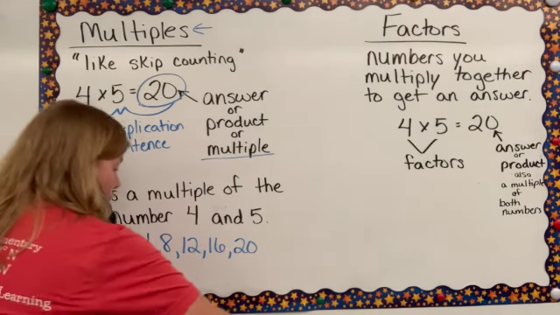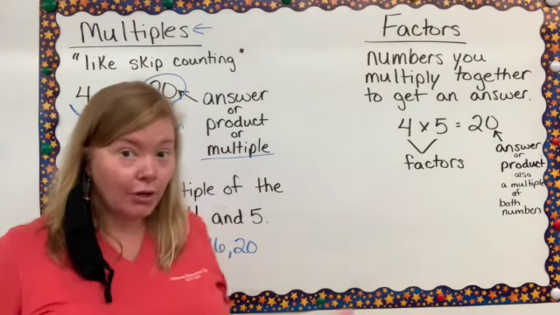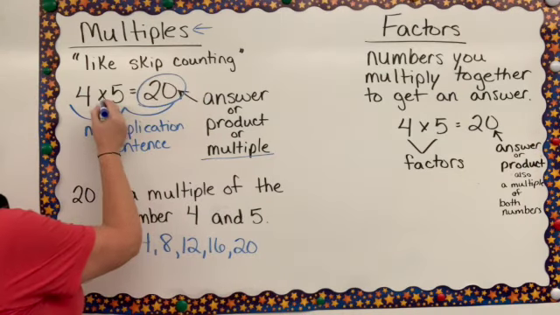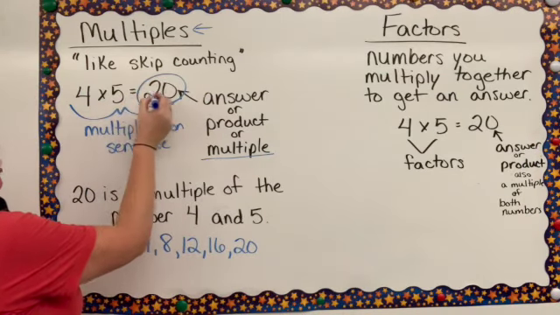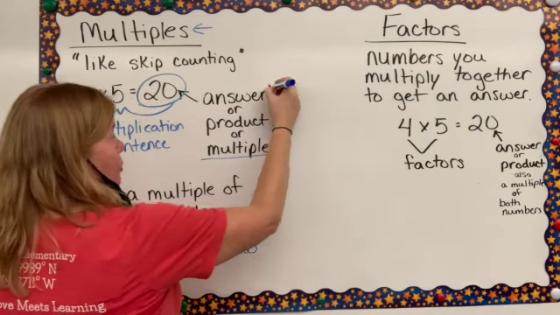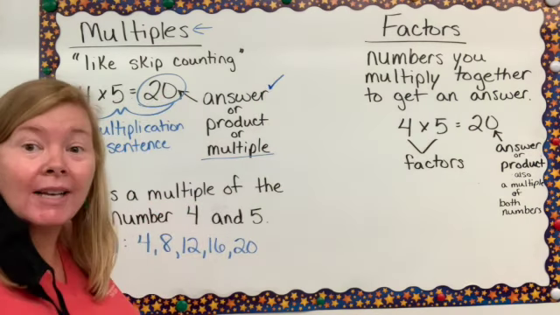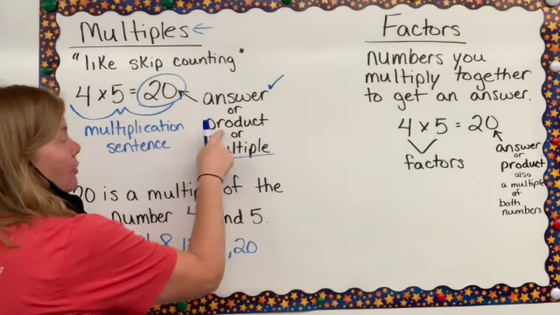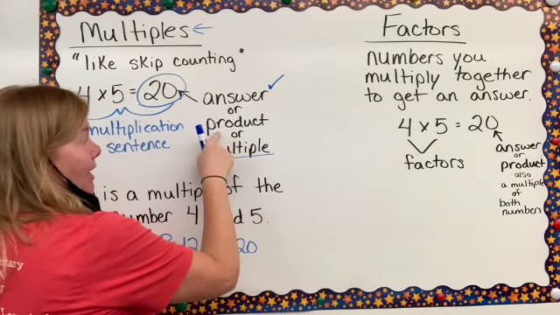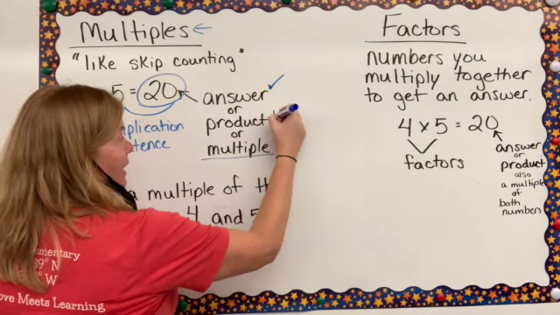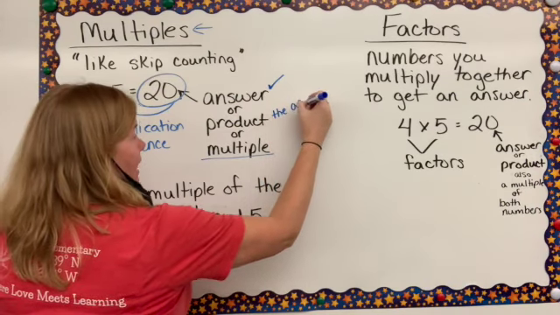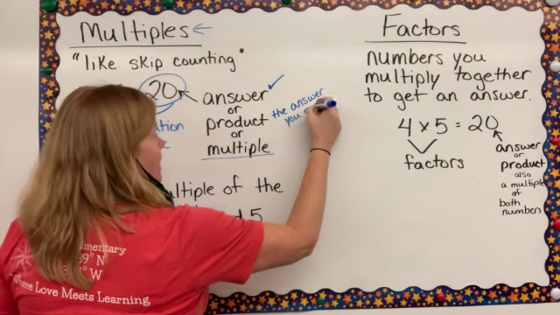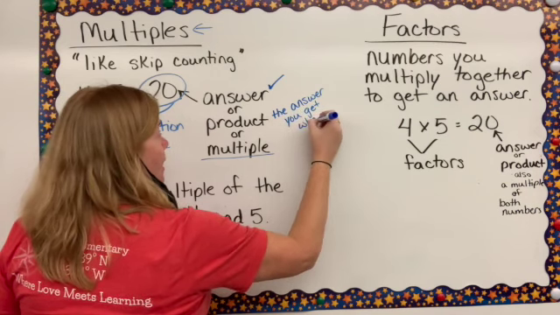Now, I don't want you to be at all confused, because I want you to know that 4 times 5 gives you an answer, right? So one word that you can use is 20 is the answer. Absolutely. But I also want you to understand that the product is specifically the answer you get when multiplying.